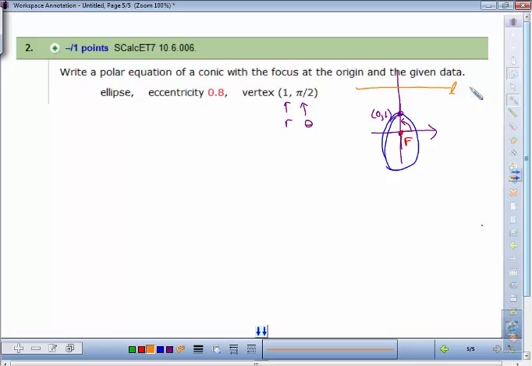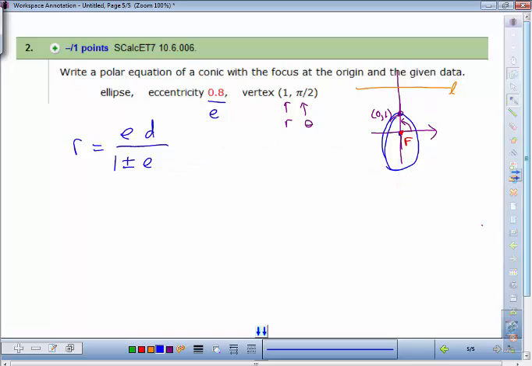Now the thing to do is to try to find that equation, because based on our polar coordinate form, we have our eccentricity e given. And then this is going to go sideways.